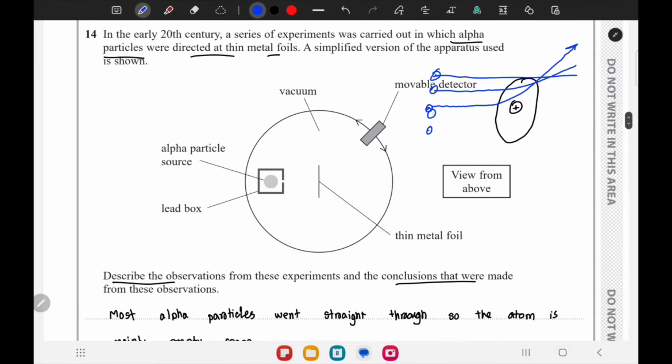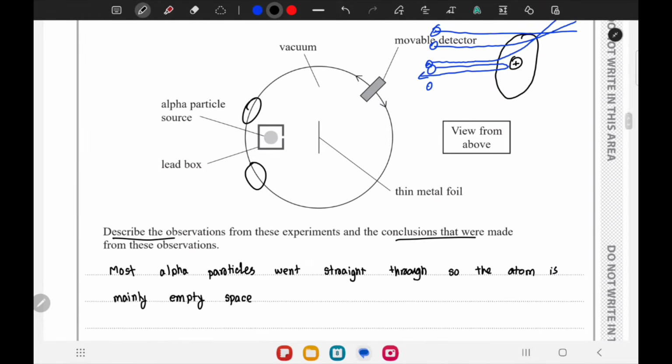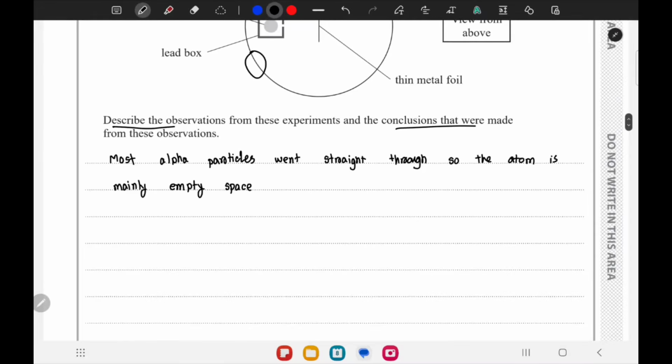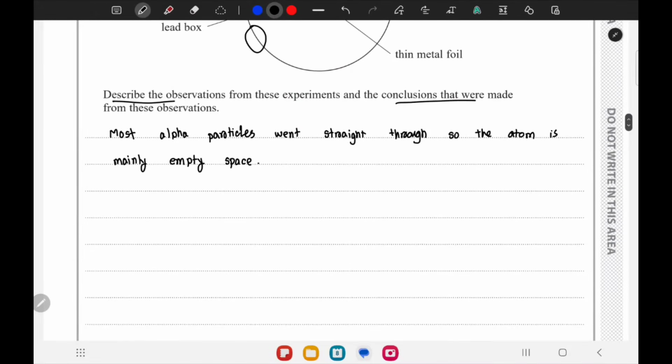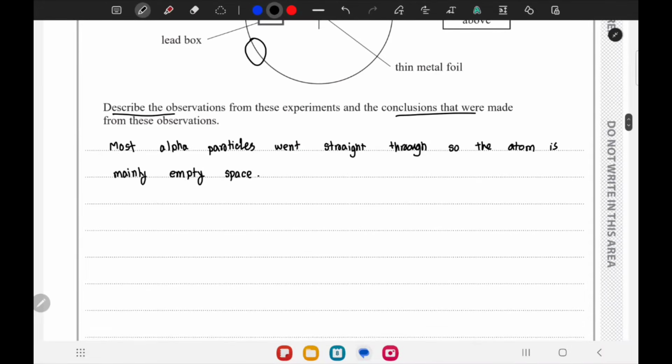And if something was directed straight at the nucleus, it would go there and just deflect backwards. So some of the signal would be detected over here and here. At first we'll talk about the ones that were deflected slightly.